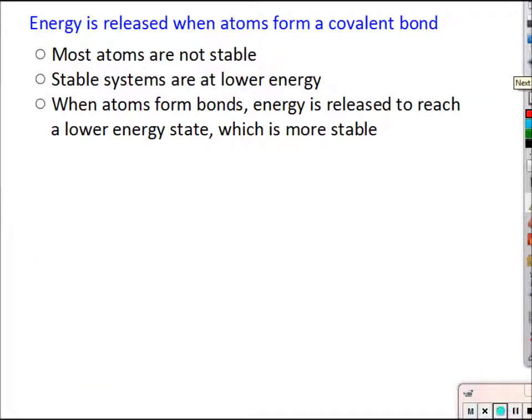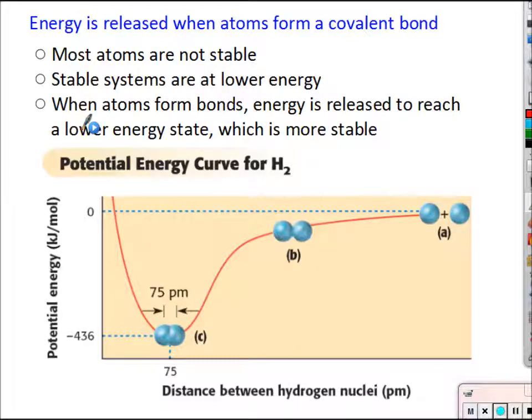Now energy is released. We said any system that becomes more stable is going to a lower energy state. So we'll see that energy is released. And this graph is showing energy on the y-axis and distance on the x-axis.